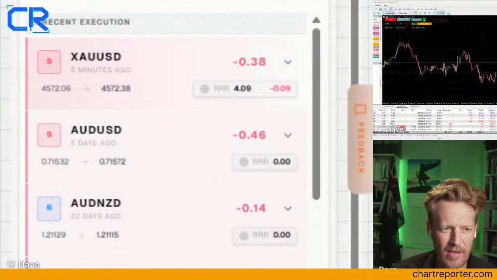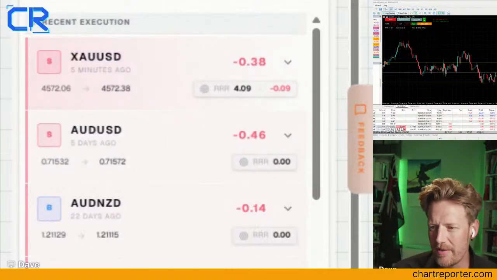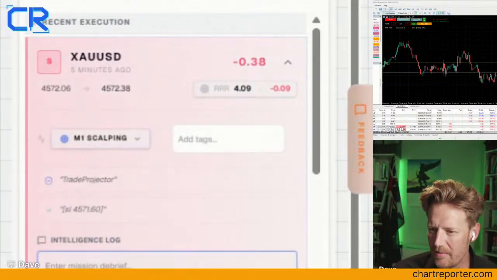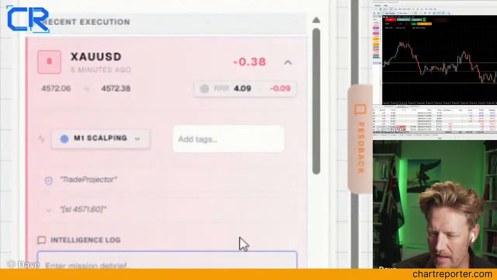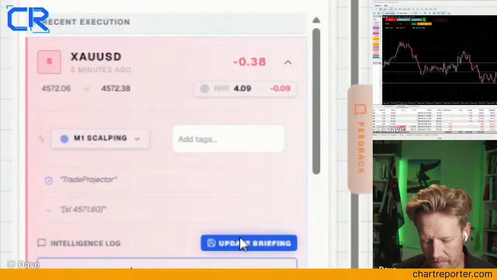Negative. It shows me my realized RR was actually minus 0.09. And I started retyping in, updating my notes, and it reset them. So moved to break even. Didn't account for fees.